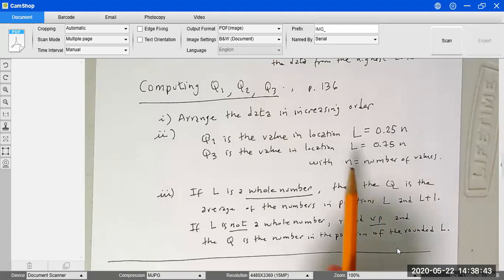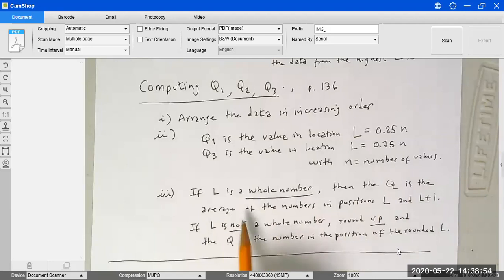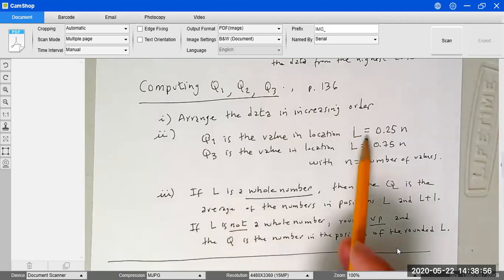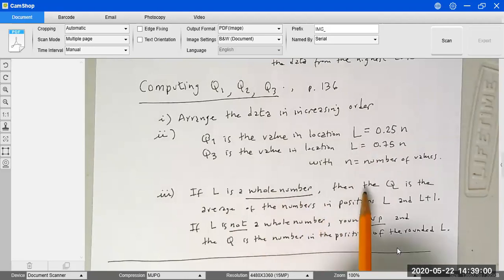To be a little bit more consistent with other computations that you find in other textbooks, we're going to take into account the following notes. If L, the value that we find after applying this formula, is a whole number, then the quartile is going to be the average of the values in positions L and L plus 1, two consecutive positions.